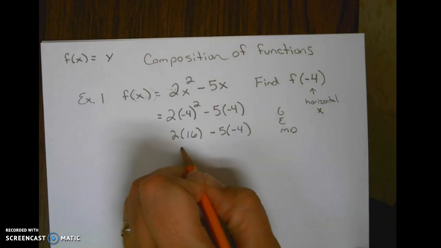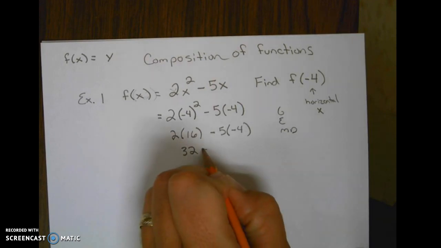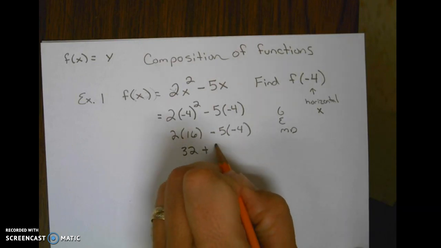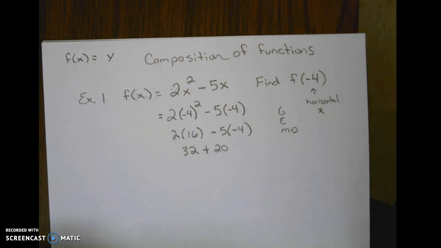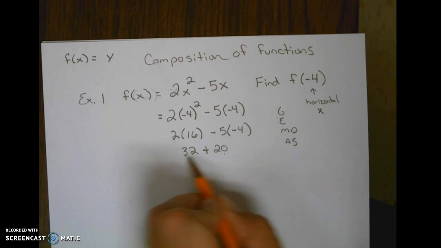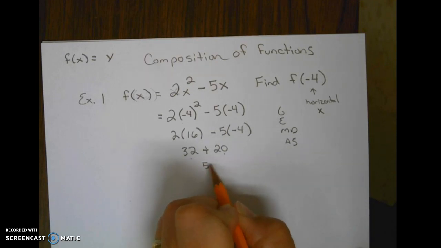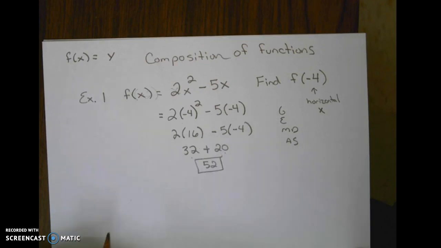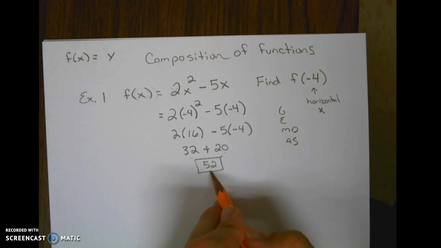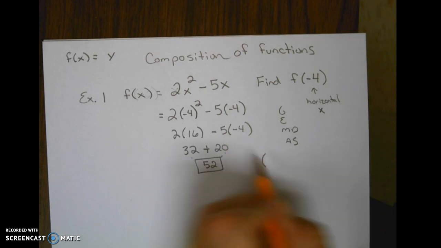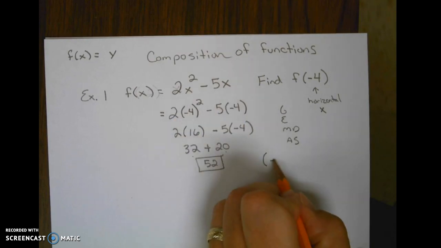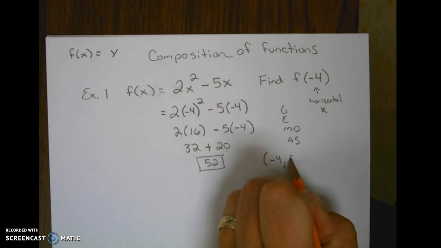So 2 times 16, and negative 5 times negative 4 is positive 20. When we take care of any adding and subtracting from left to right, we end up with 52. So when x is negative 4, y is 52. So we could say that a point on this parabola is negative 4, 52.